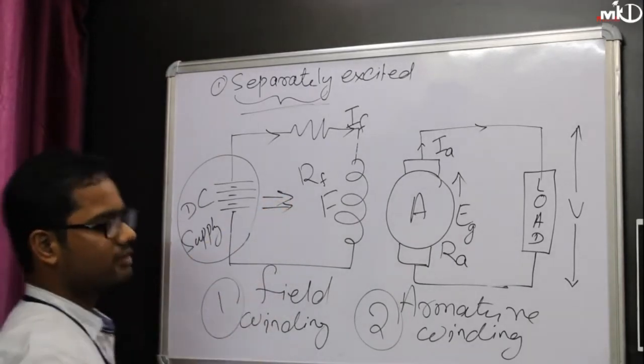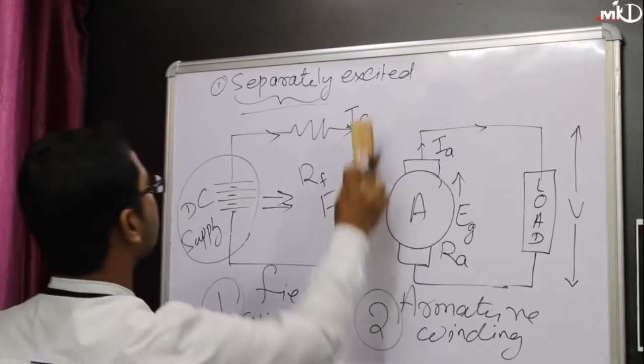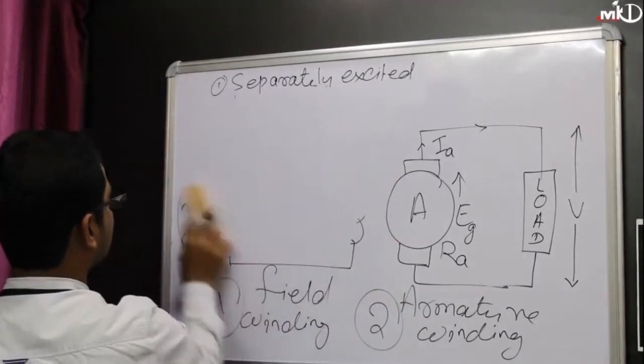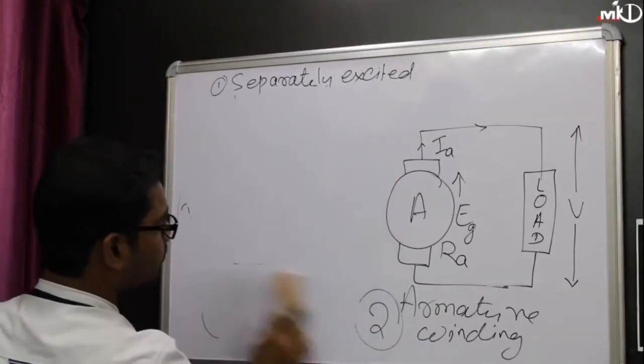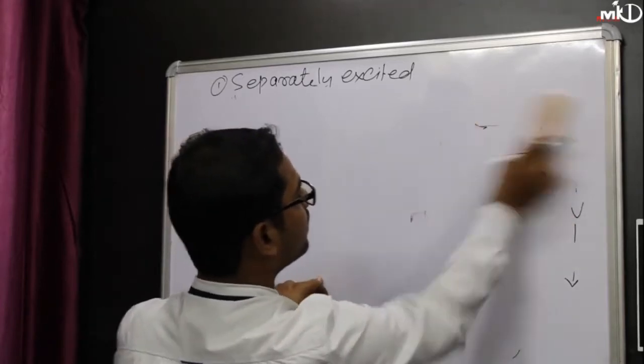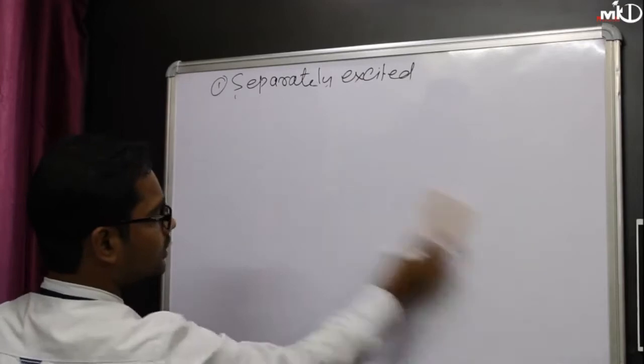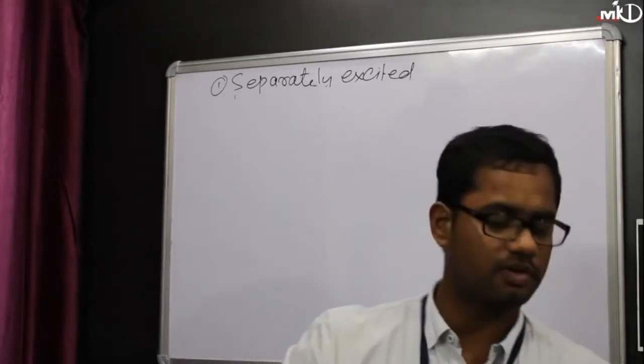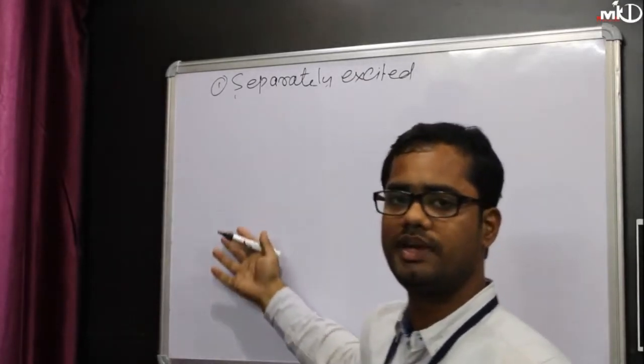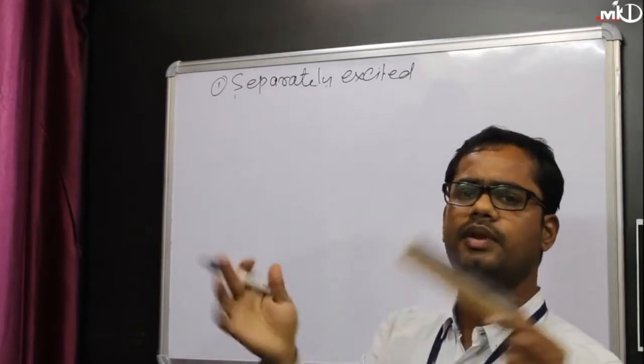Next we will discuss the self-excitation system. And you have to remember the use also here. As a separate excitation system or separate supply is required here, it is not randomly used anywhere.